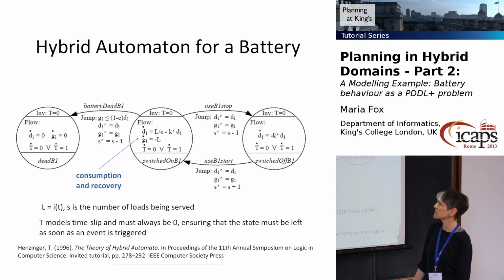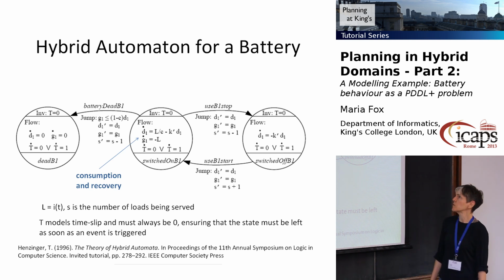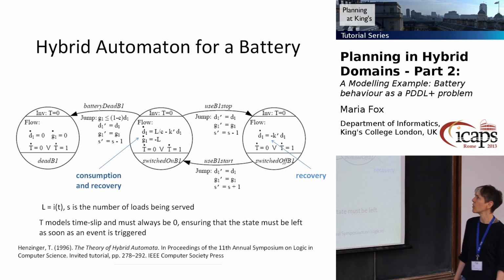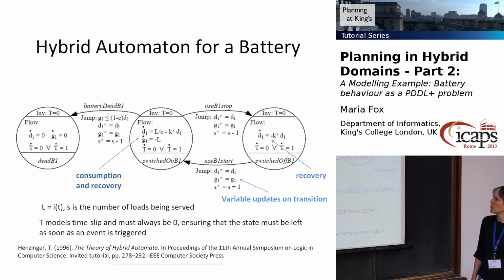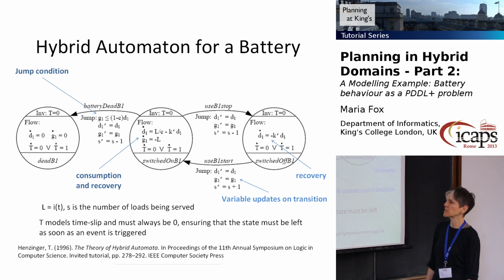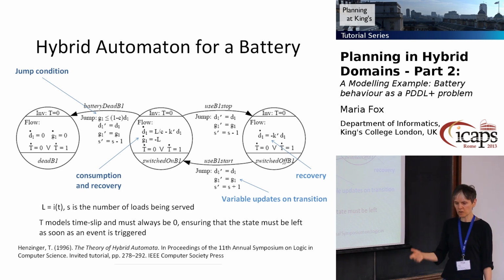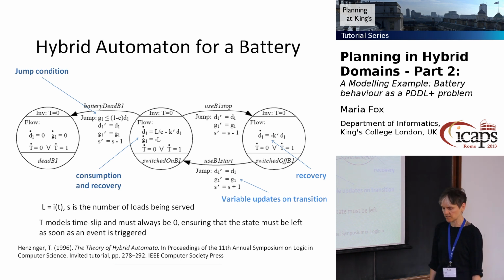So the flow conditions when the battery is on is determined by consumption and recovery, while the flow conditions when the battery is off is determined just by the recovery process. When the system transitions between states, the variables are updated, and there are also jump conditions, which in this case is the battery dead condition, which force the system to leave the state that it's currently in.